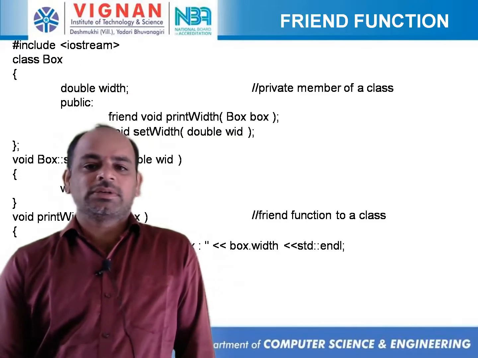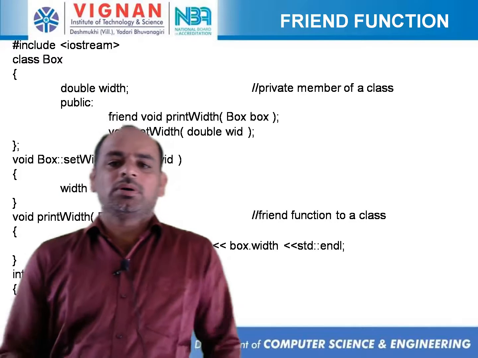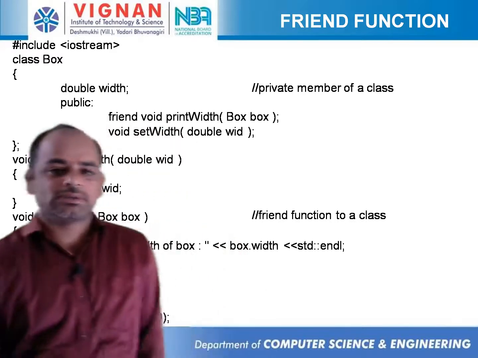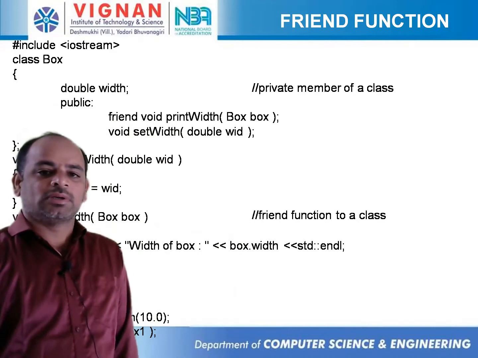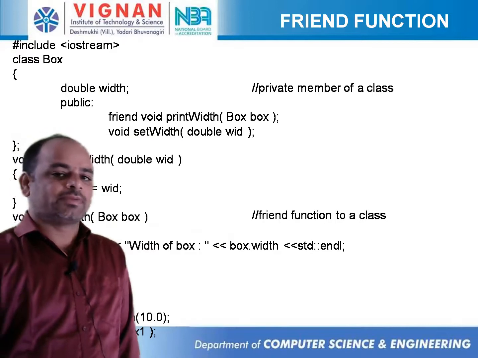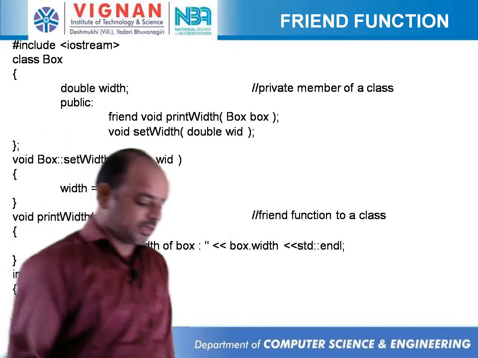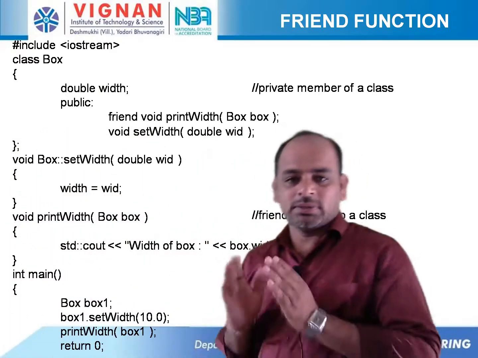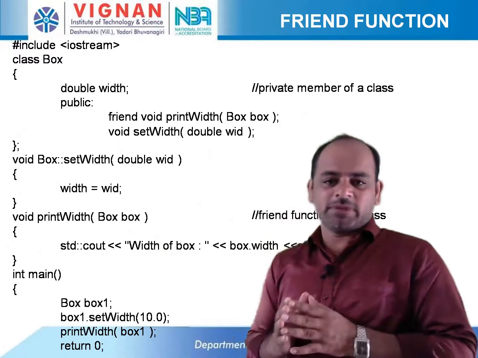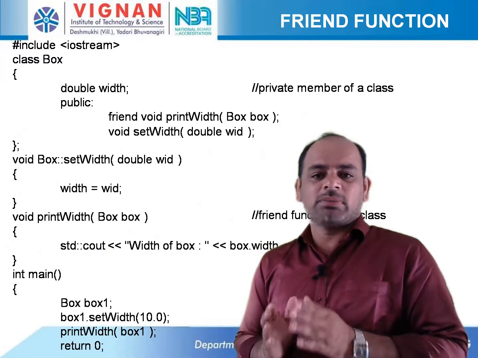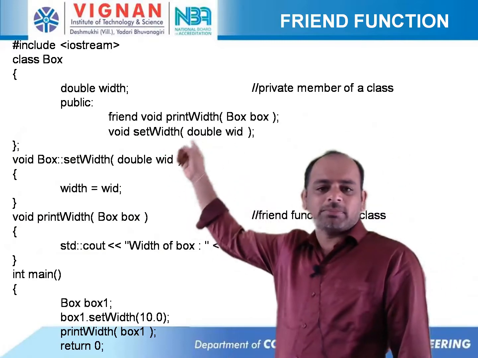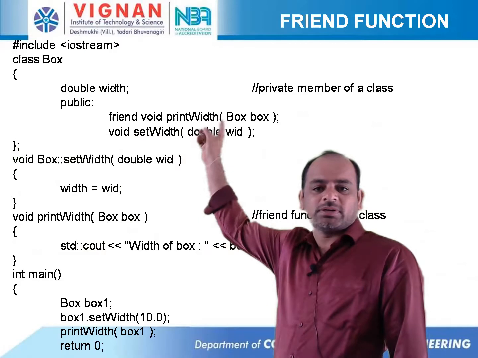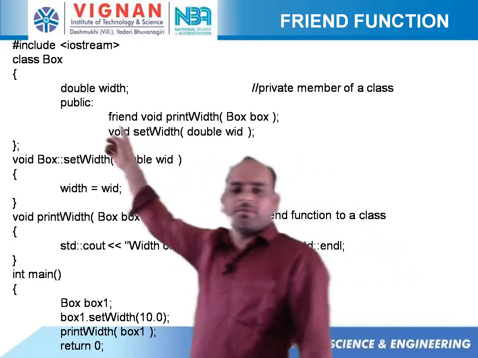You can see this example program on how to access the private members of the class. We have declared a class Box. Within this, double width by default becomes a private member, because the default access specifier in C++ is private. So width is private, and the public member is printWidth, which is a friend function.